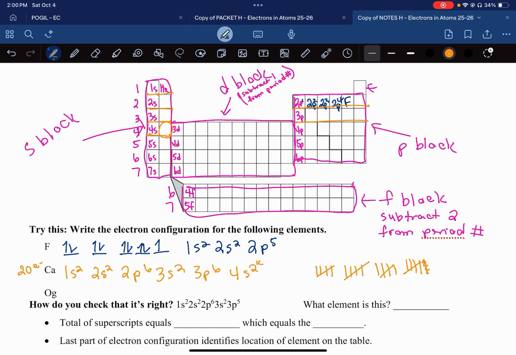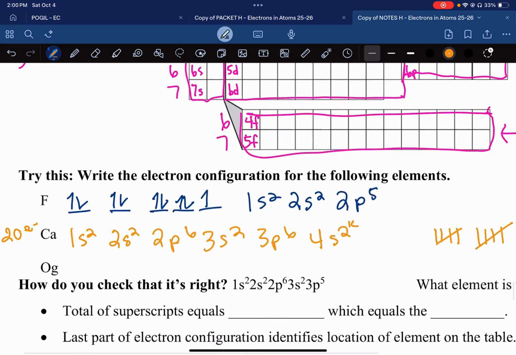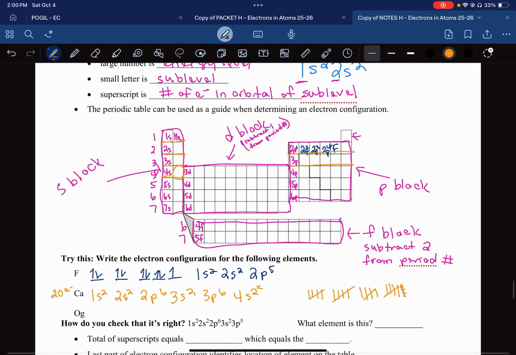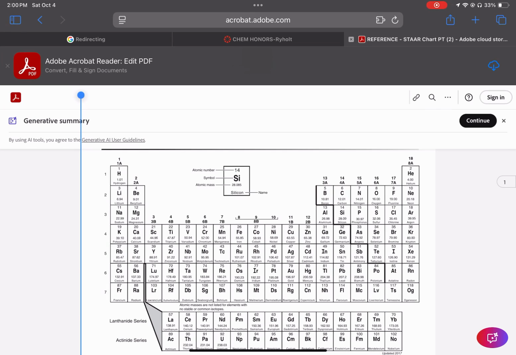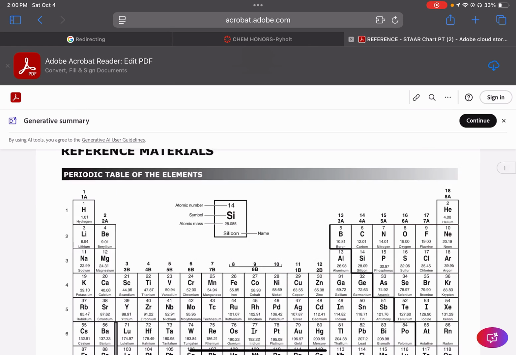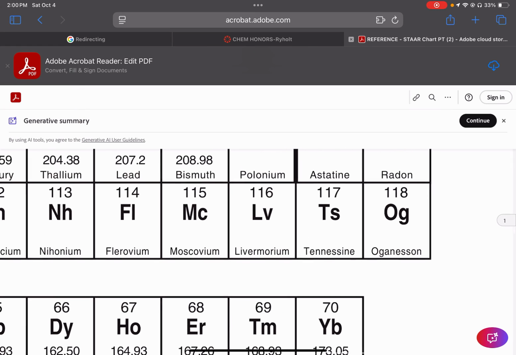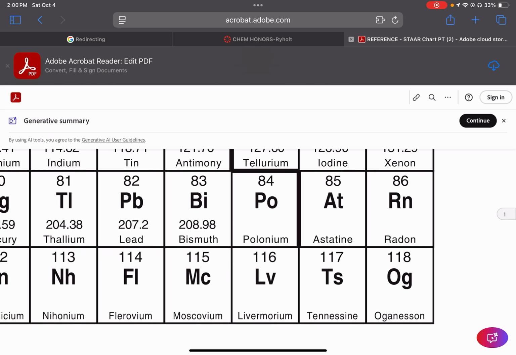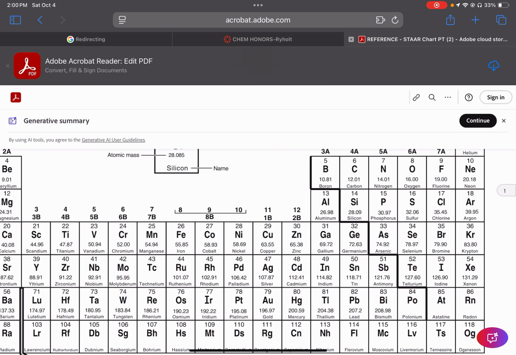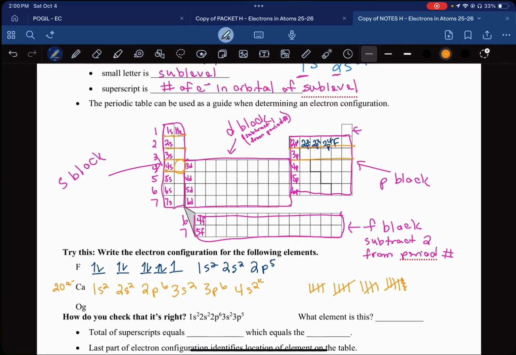All right, the next one that we're going to do is going to be really challenging, because we're going to have to go through the entire periodic table for the most part. All right, so we are going to do OG. I'm not sure how to say that, but we're going to do it. 118 electrons to account for.